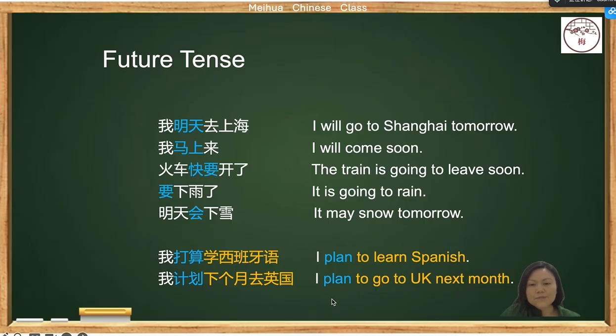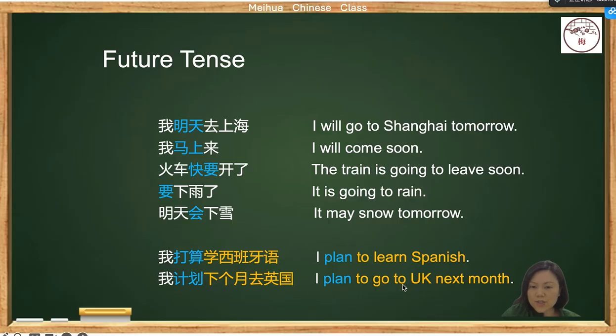See another difference here. In Chinese, we always put the adjective before the noun. And we always put the adverbial before the verb. See here, 下个月, next month. It's adverbial about time, right?